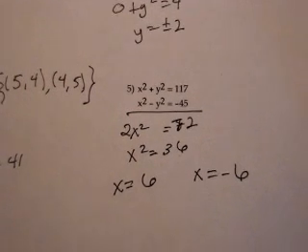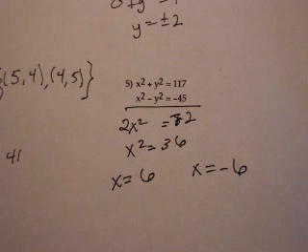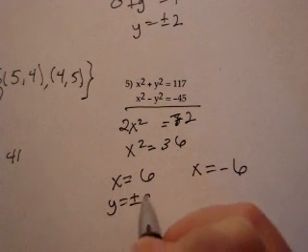Now, when you plug this back in, it turns out that if x is 6, let's see, I think I might need my calculator here. If x is 6, and I use the first equation, 117 minus 36 is 81, then y could be plus or minus 9.